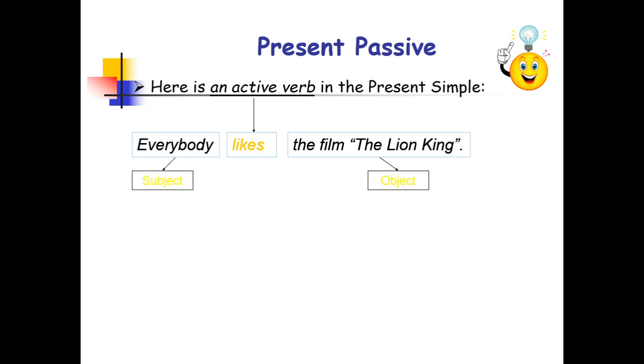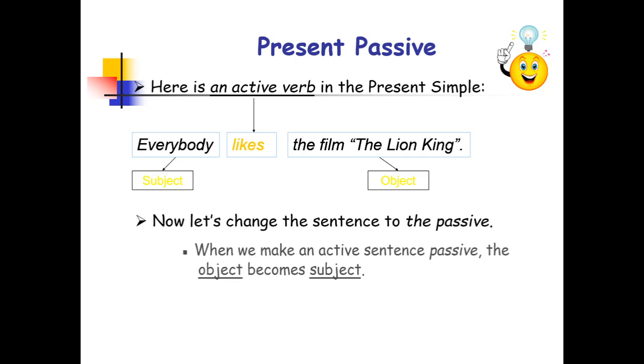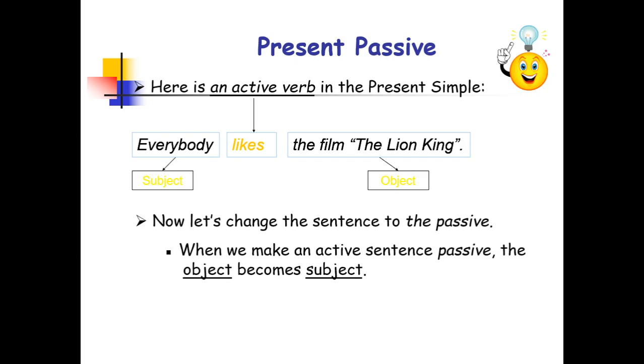Now, let's pay attention to the following example. Here is an active verb in the present simple, likes. We've got here the sentence, everybody likes the film The Lion King, where everybody is subject, likes is an active verb, and the film The Lion King is direct object. Now, let's change the sentence into the passive.